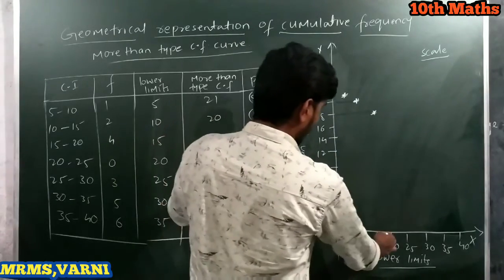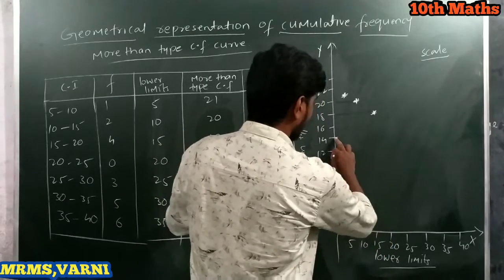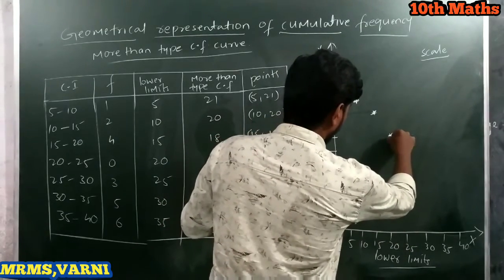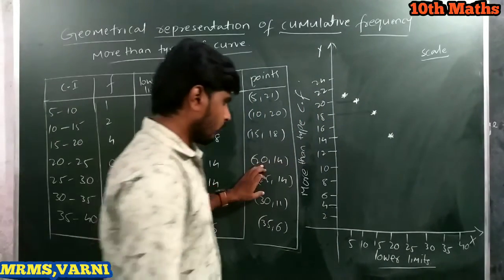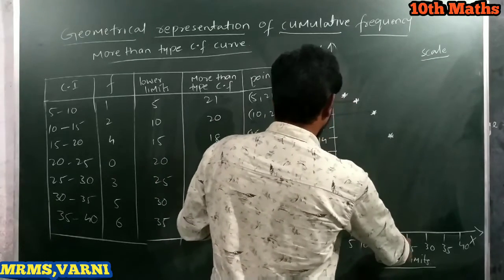Next 20, 14. 20 is here and 14 is here. Are you getting this? Yes. Next 25, 14. 25 is here and 14 is here.